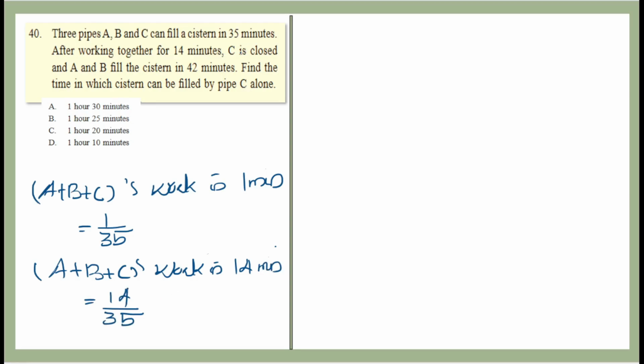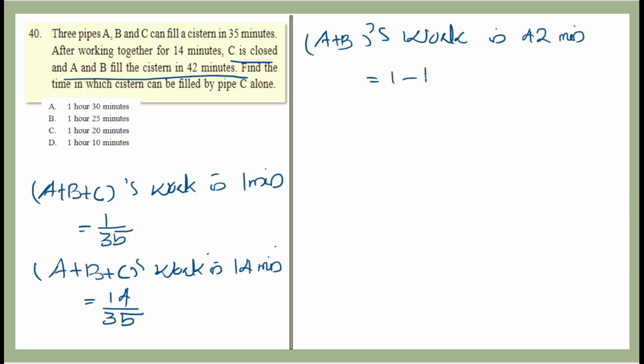Now it's given that C is closed and A and B fill the system in 42 minutes, which means the work done by A and B in 42 minutes equals 1 minus 14 by 35. That equals 35 minus 14 by 35 equals 3 by 5.